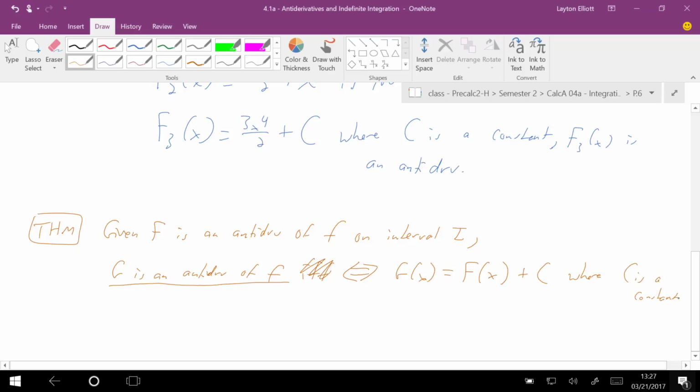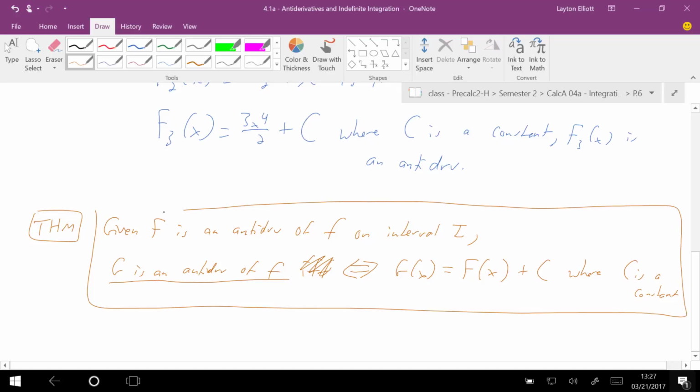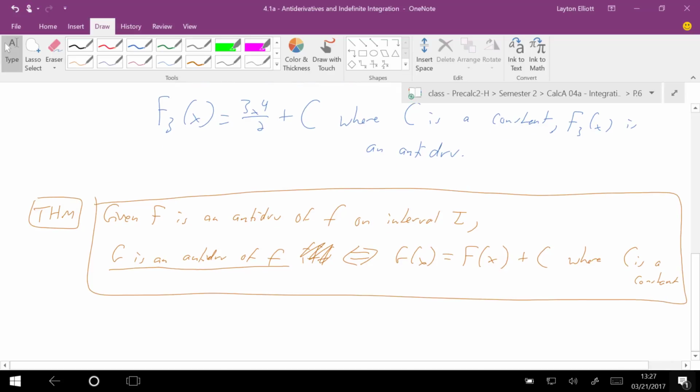The things that you have to use in this are the definition of an antiderivative and what this shows. So this bidirectional arrow is important because it means that the if-then works both ways.